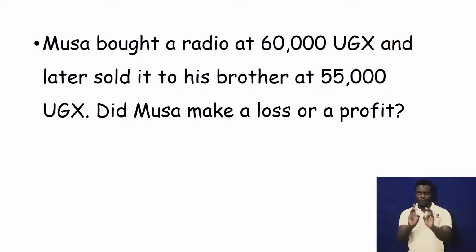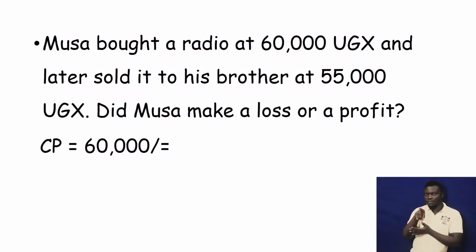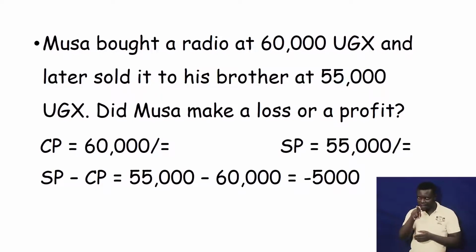We just said that when the cost price is higher than the selling price, then the business makes a loss. In this case, our cost price is 60,000 and selling price is 55,000. And if we are to calculate, you'll find that selling price minus cost price is going to give us negative 5,000.